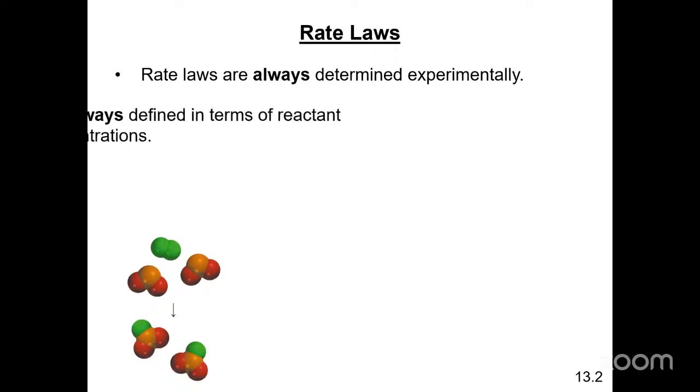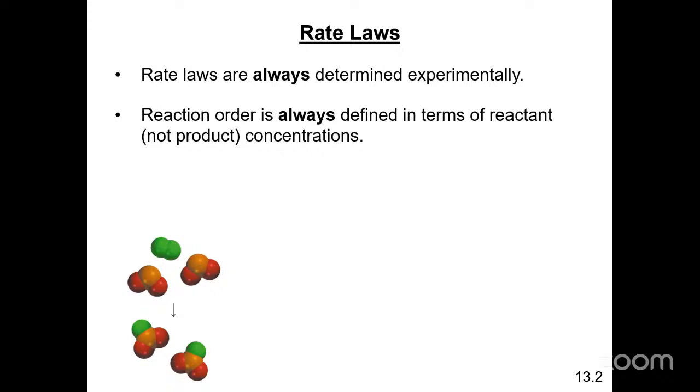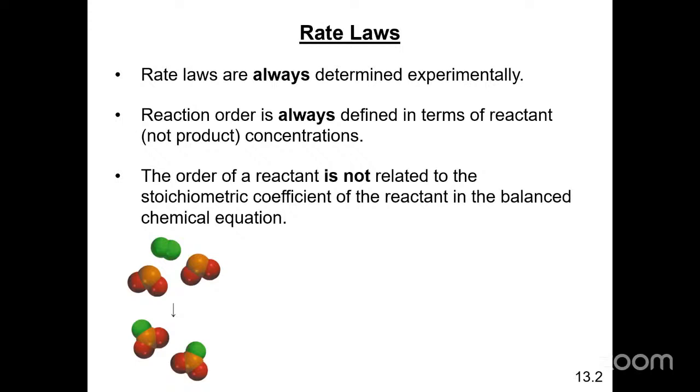That's the first thing. The second thing is, and I made this point earlier, the reaction order is always defined in terms of reactants and not products, right? So that's why the rate laws only contain terms for reactants and not the products of the reaction, all right? Third point here is, and again, this is a common error that students tend to make when they meet this for the first time, the reaction order is not in any way related to the stoichiometric coefficient of the reactants in the balanced equation.